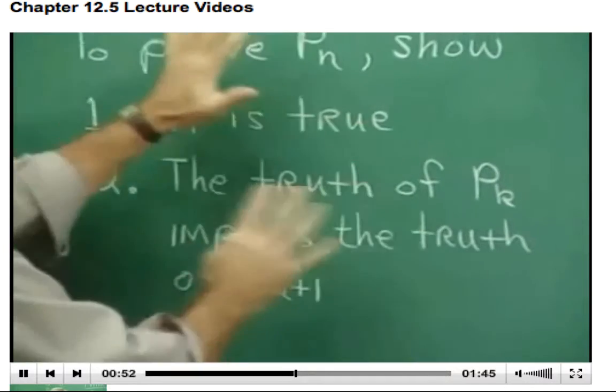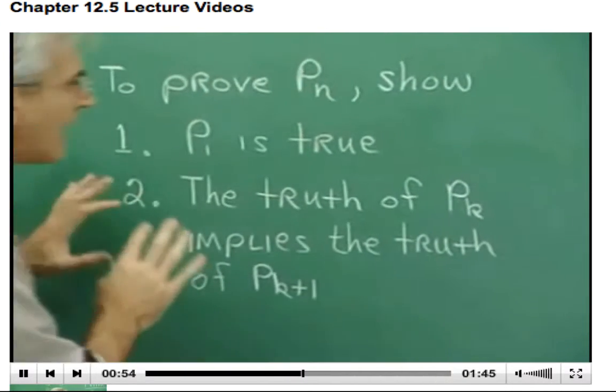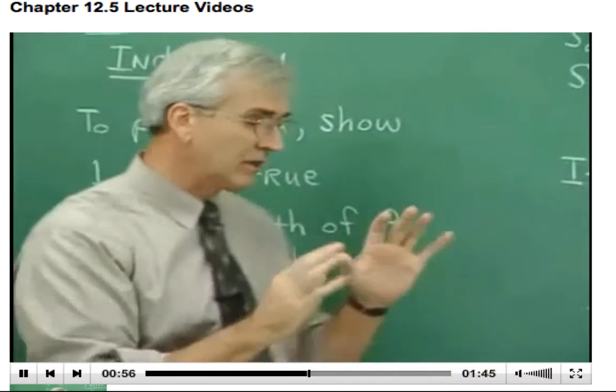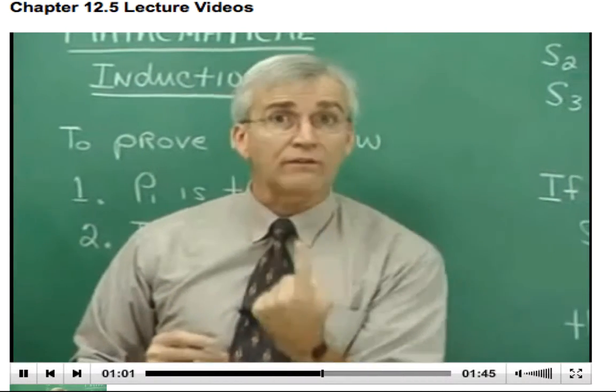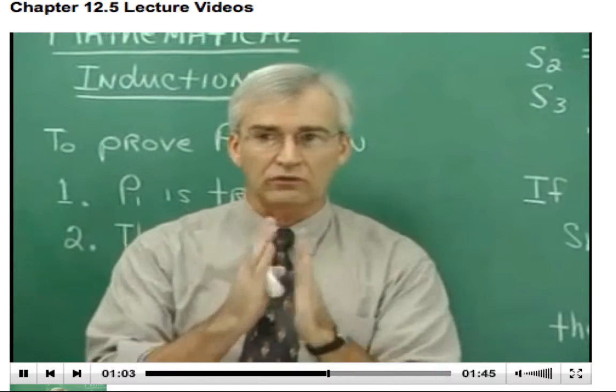Now, these two ideas together create a kind of domino effect. If we show that the proposition is true for the very first item, then that kickstarts the whole notion.